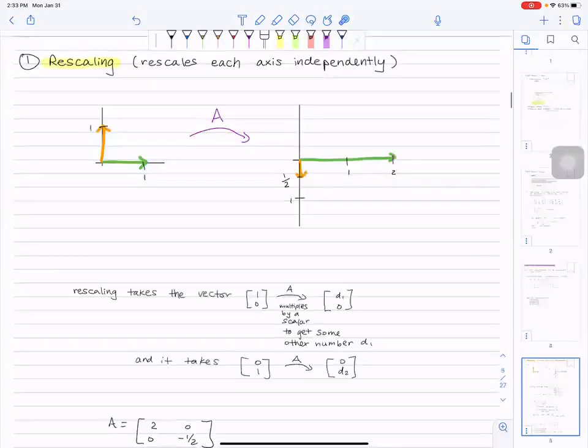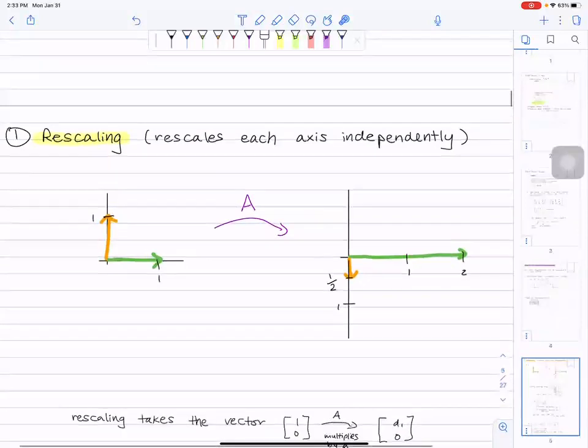But let's go on to rescaling. If you have a matrix like this, generally, how do you find this matrix A? Well, we look at the standard basis. The standard basis is i, the green one, which is (1, 0), and your orange one, j, is (0, 1). Say that we wanted to transform it to these two vectors instead.